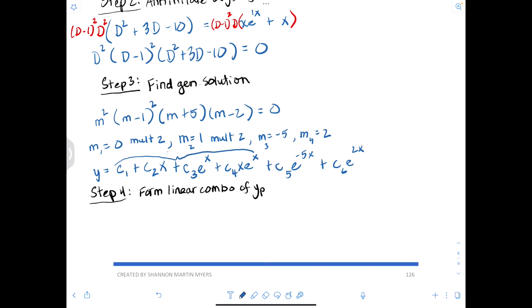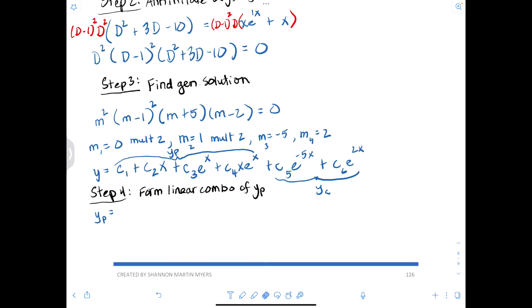Yep, that was yp, and this here was yc. So yp equals that whole thing, and instead of the ci's, we put a, b, c, and we'll put e instead of d so it doesn't look like a differentiator.